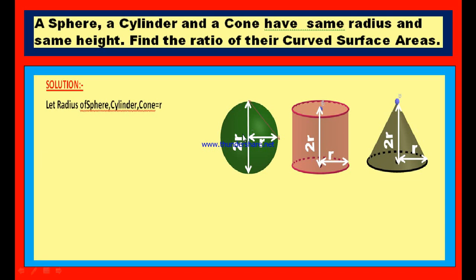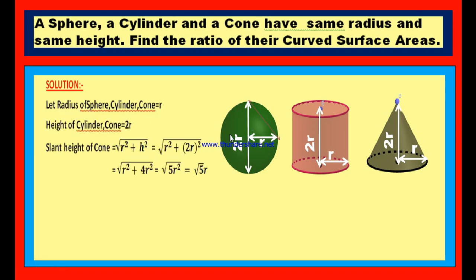First of all, let us assume that the radius of all the three, sphere, cylinder and cone, is equal to r. Next, height of the cylinder and cone, we just got it. Height of the cylinder and height of the cone is 2r.